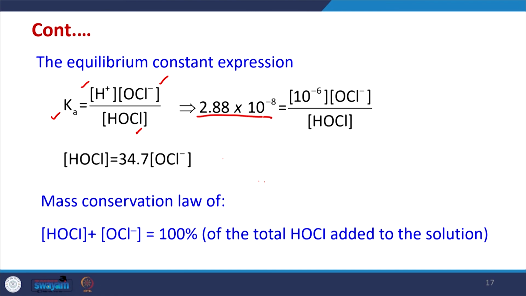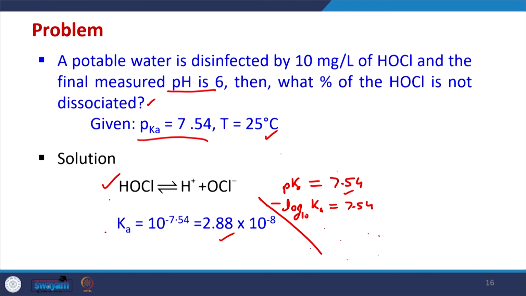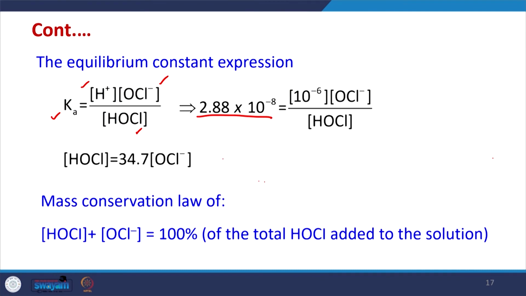Now the pH has been given, and the pH is 6. So minus log of the H⁺ concentration is equal to 6. That means the H⁺ concentration is equal to 10 raised to minus 6. This is what is written here, 10 raised to minus 6.